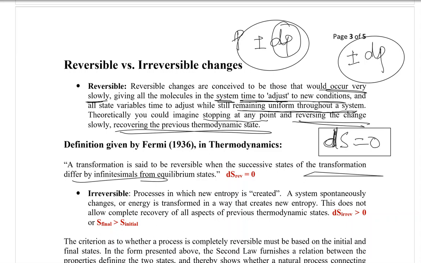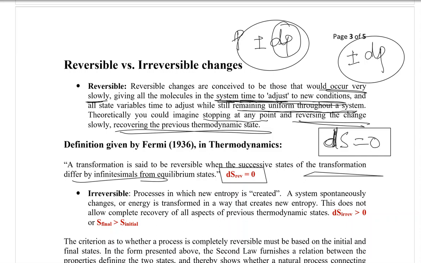You are giving the system time to adjust to a new condition. A transformation is reversible when the successive states differ by an infinitesimal amount from the equilibrium state. In other words, we are talking about a reversible process when the entropy change is equal to zero, when there is no entropy change in it.